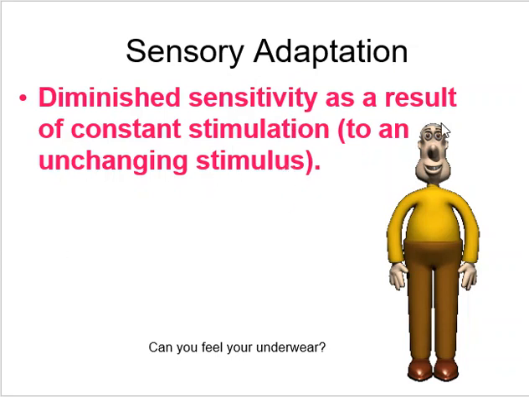For example, assuming you don't have any problems with your underwear, like they're too small or there's something wrong with them, usually we don't feel our underwear throughout the day. We stop paying attention to the feeling of wearing underwear as long as there's no problems because we have constant stimulation to them. They're on our body all day. So as a result, we're not paying as much attention to them, okay?